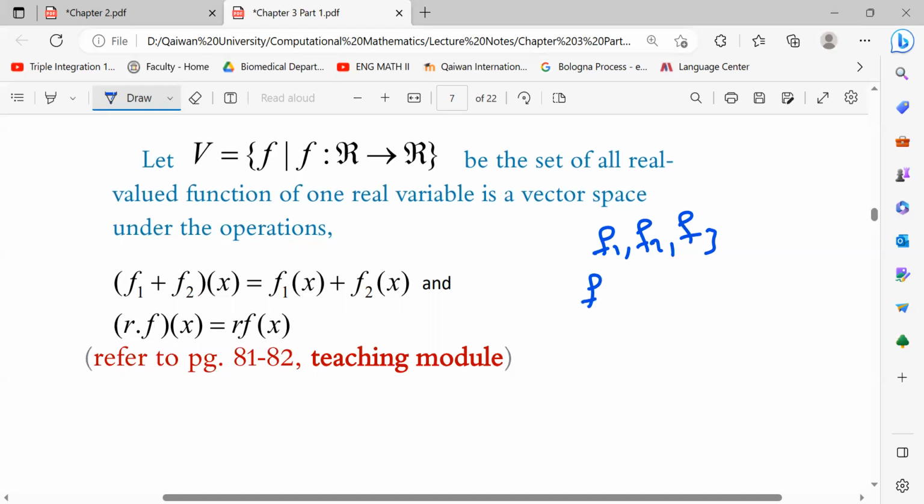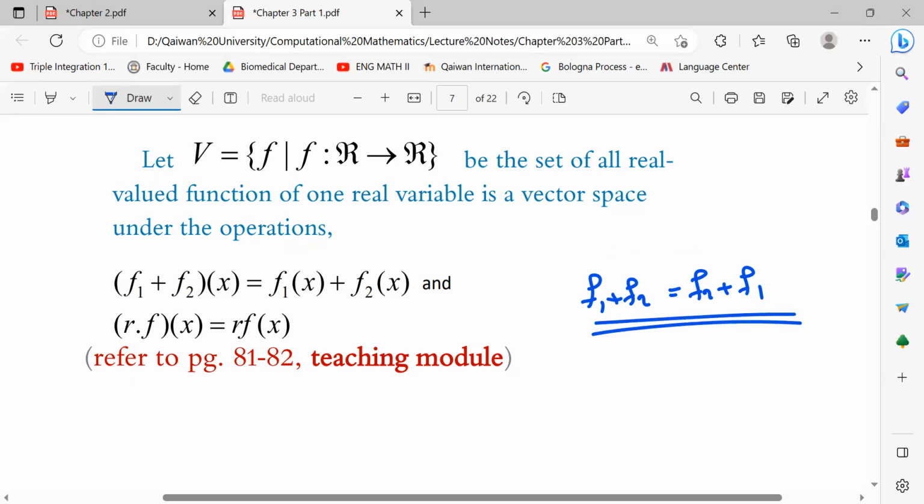We must show that f1 plus f2 is equal to f2 plus f1. Of course, it's true. This is the first one, so it is the commutative.